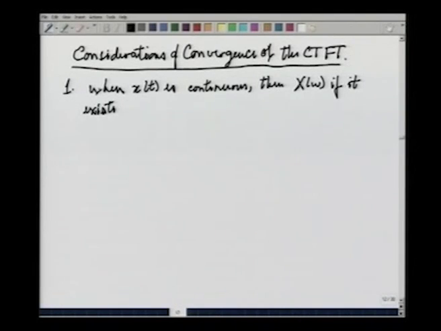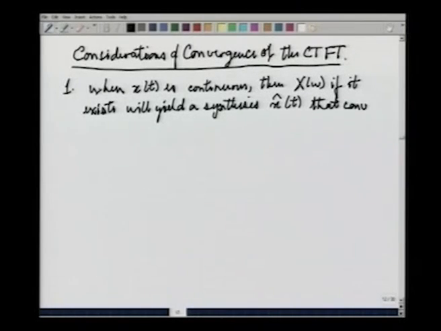We are saying that if X(omega) exists, it will yield a synthesis which, following our earlier notation, we will denote by x hat of t, that converges at all t to x(t).